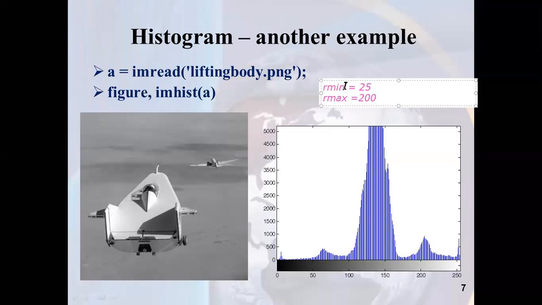معناتها في عندي from 0 to 25 ما عندي ولا أي pixels و from 200 to 255 ما عندي ولا pixels. وبالتالي الرانج اوف فاليو اوف بيكسلز هن بين ال 25 وال 200. So the range, which is the maximum minus minimum, is 200 minus 25 which is 175. لازم يكون 255 minus 0 يعني 255 values.